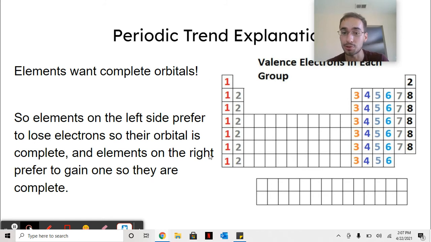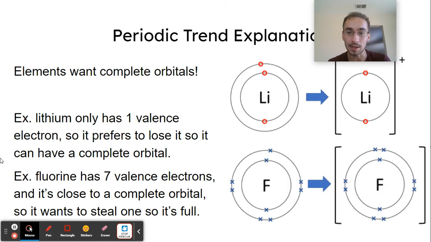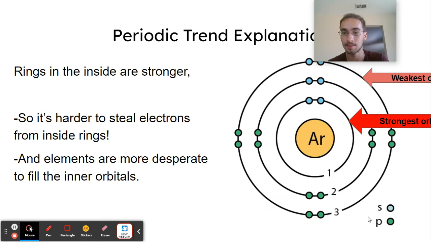These would rather drop back down to 0 so they can have a complete orbital. So these prefer to lose 2 electrons and 1 electron so they can complete their orbital. These ones prefer to lose them, these ones prefer to gain them, because they're all trying to get a complete orbital like this or like this.